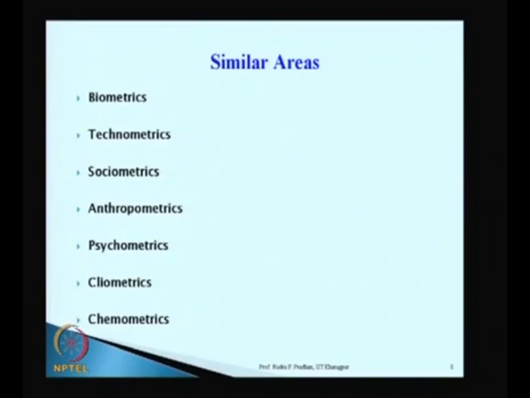At the same time, we have discussed various features, various applications and various structures, and also related areas like biometrics, technometrics, sociometrics, anthropometrics, cliometrics, geometrics, etc. So, these are all related areas.